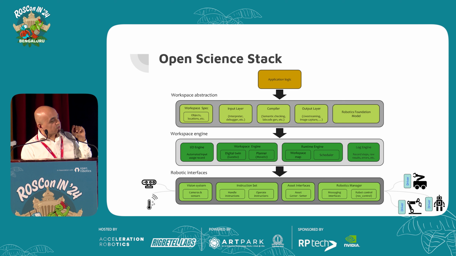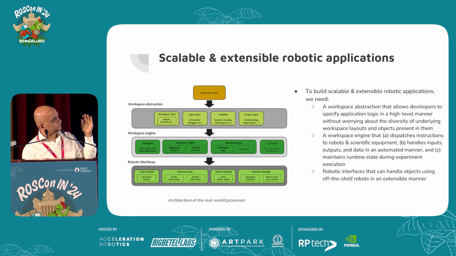Now, what do these 3 layers correspond to? The first one, the workspace abstraction, is what allows developers to specify the application logic and make sure it is written at a high level. You don't have to worry about what exact instrument is there, or which robot is going to be there. You write your application logic in terms of business logic without worrying about the low-level mechanics. The next level, the workspace engine, then takes care of running the program. Actually, the first layer also takes care of compiling the program and all of that.